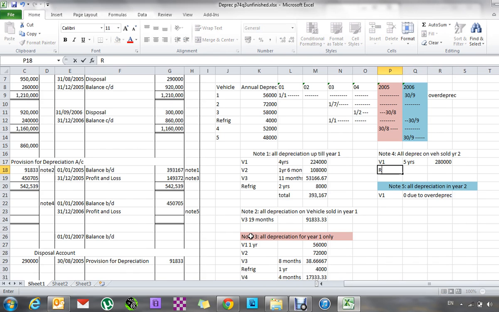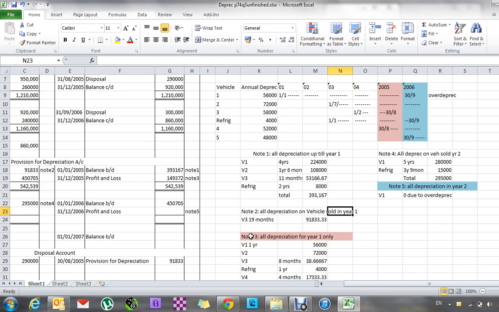And then I'll also have refrigeration, which I had for 3 years and 9 months. So that's 4 grand a year times 3 and 3/4 years, 15 grand. So my total is going to be 295, and that 295 is what goes in over here at my disposal.